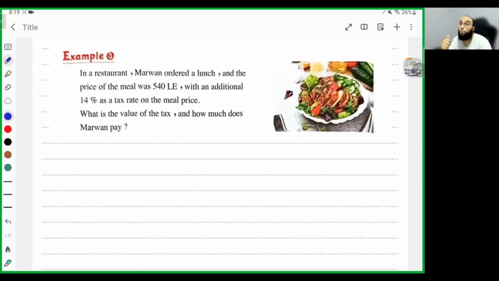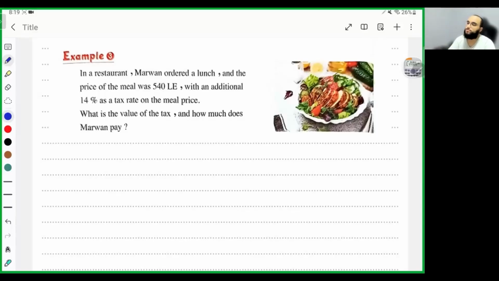The meal was only 100, but you paid 114. That's why, because there is a tax by 14%. What's the meaning of the tax? The tax is something you are paying extra for the actual price.